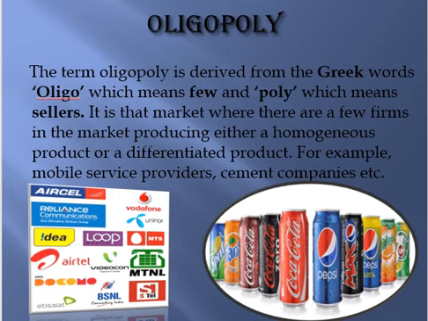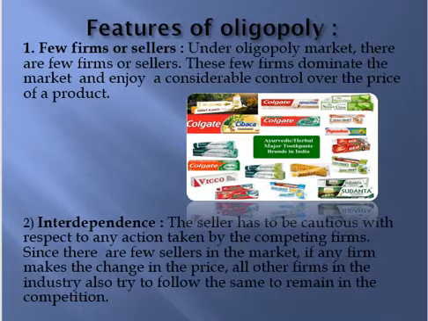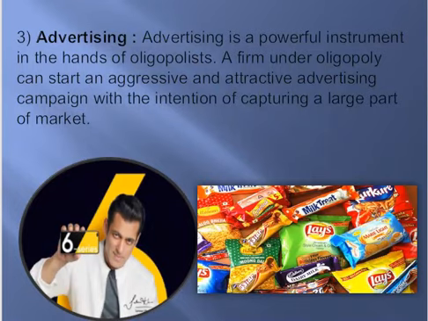Then we moved on to the first feature of oligopoly, that was few firms or sellers, and their interdependence on each other with respect to the action taken by the competing firm in terms of price, discounts, quantity, buy one get one free, and all these kinds of things. Then third, advertising, wherein advertising plays a very powerful role to attract the consumer towards them.